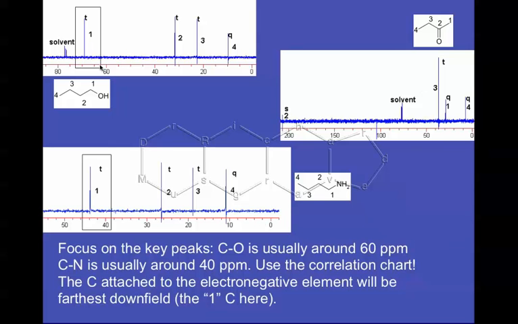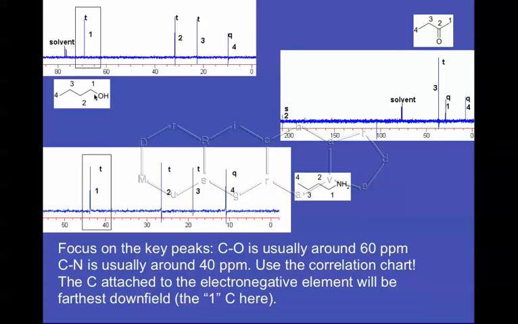And what I'm going to do is focus on the peak that is furthest out, furthest downfield in each instance. Now what I told you earlier in the introduction to C13 NMR was that the closer a carbon atom is to an electronegative element, the more downfield that carbon will be. So we look for the one with the highest ppm.